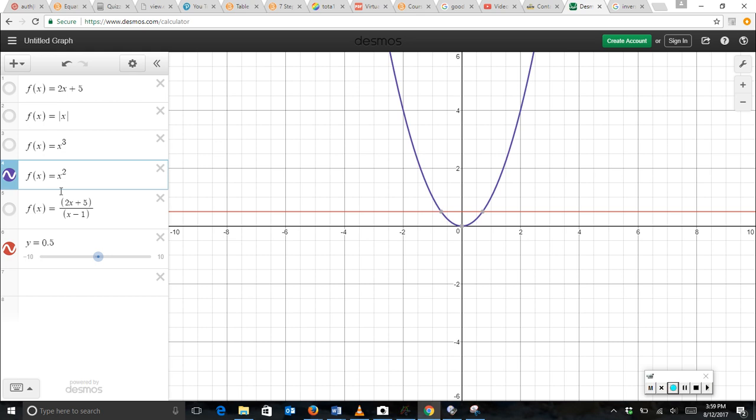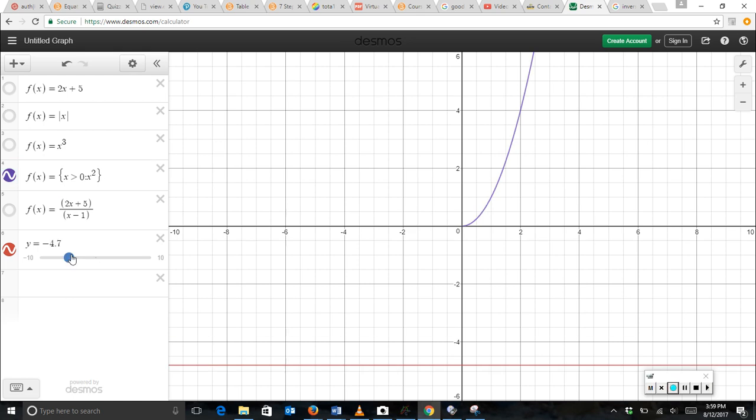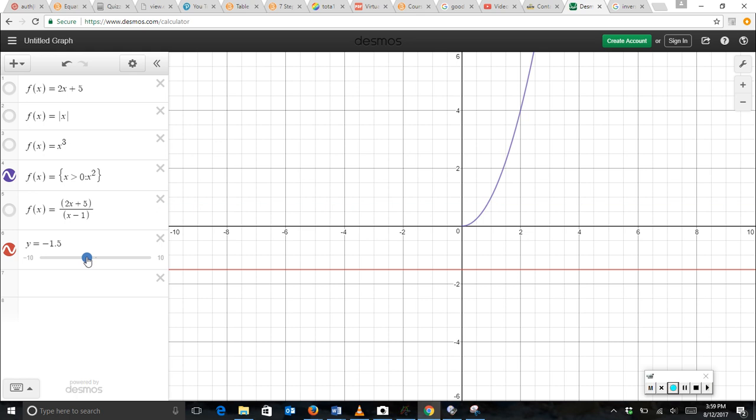So if we put a condition on it, on paper we might put a comma and say x is greater than 0. In Desmos, I bracket it, put the condition in, and close that. Now what I've done is chop off the left half of the parabola. Well, now it passes the horizontal line test, and its inverse, if you remember from before, is of course the square root of x.